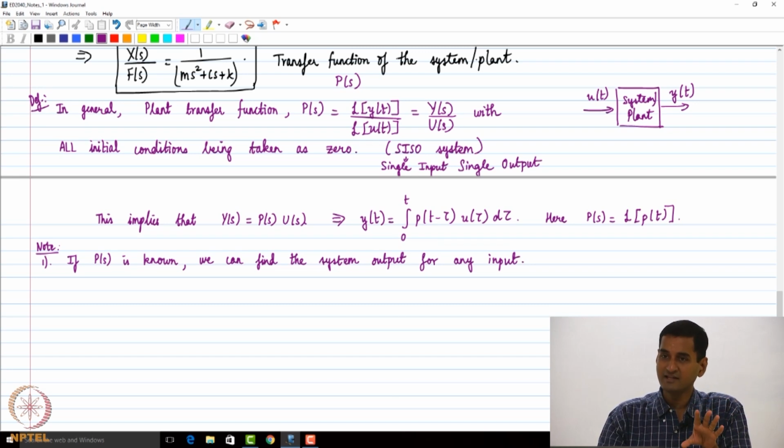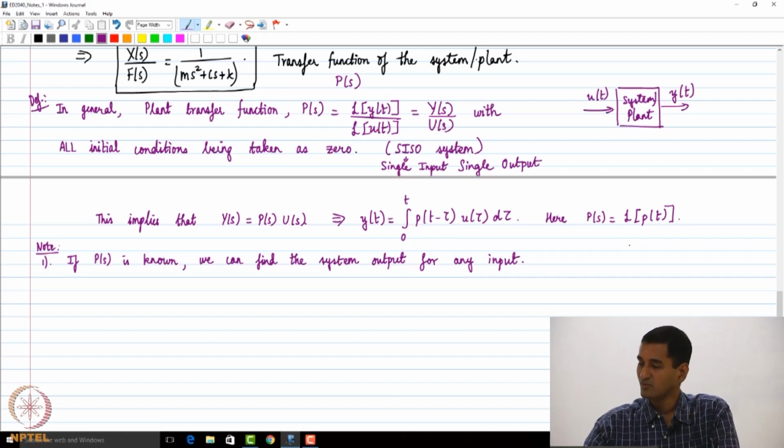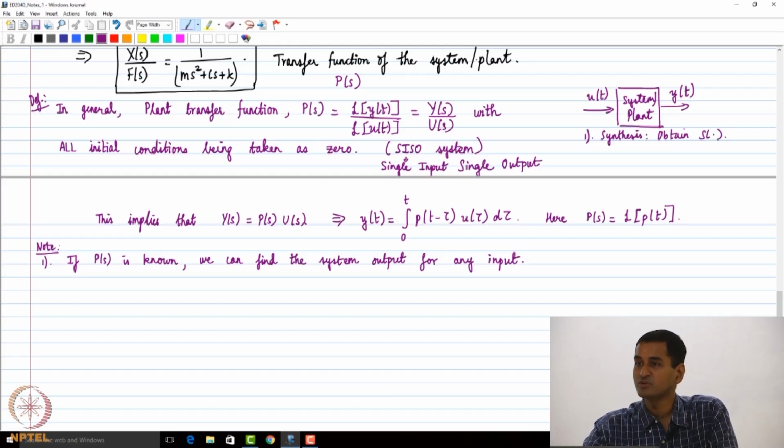Control and analysis, right? This is what we studied as the purpose of models. The first step was synthesis. In our line of study, the first step is to obtain the mapping S which relates the input and the output. In this case, it is the plant transfer function, and we develop mathematical models.